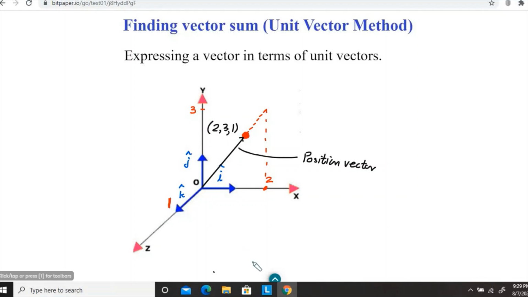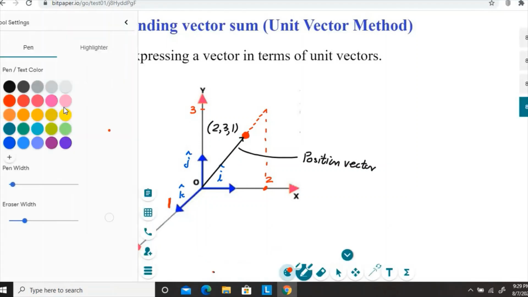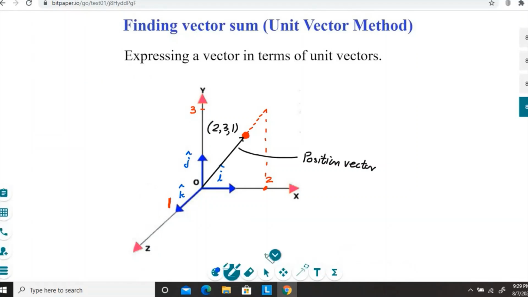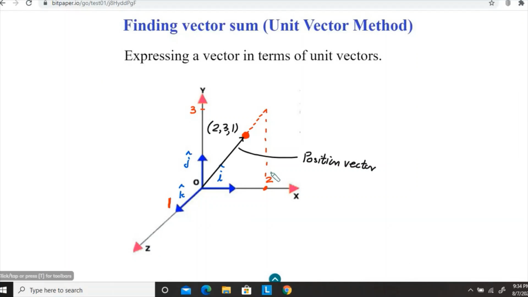Now, how do we express this in unit vectors? Since each direction has its own unit vector, we can multiply the number of units moved in a direction by the unit vector corresponding to that direction and sum all those terms up.